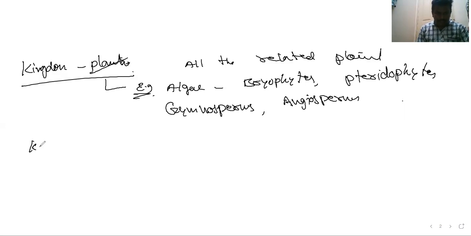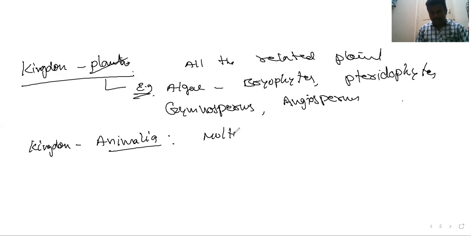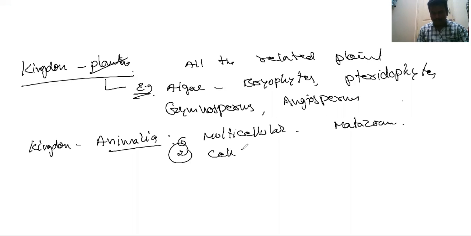Next, the kingdom Animalia. About Animalia also everybody knows that these are multicellular animals known as metazoans. Generally, their cells don't have cell walls. Animals are motile.